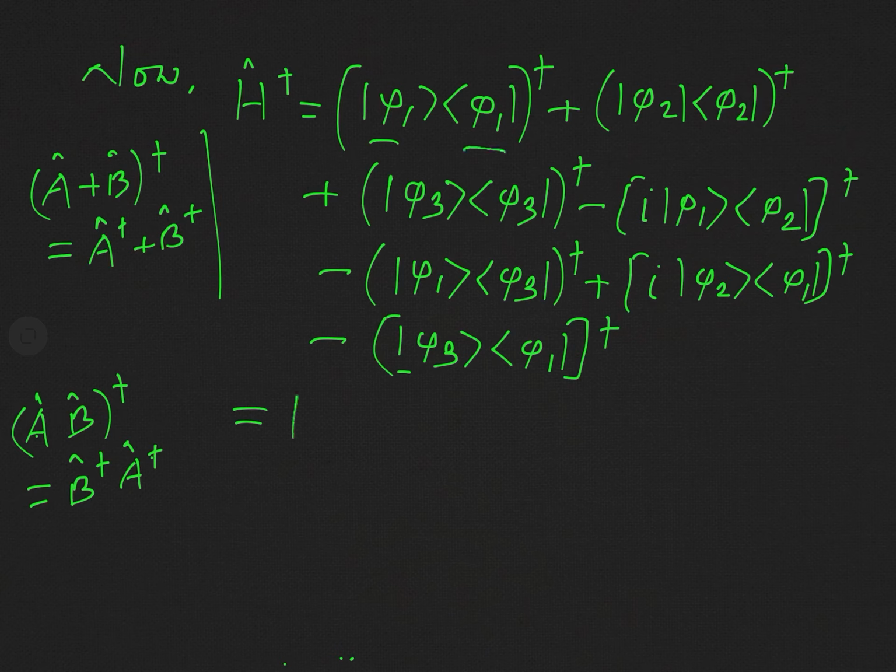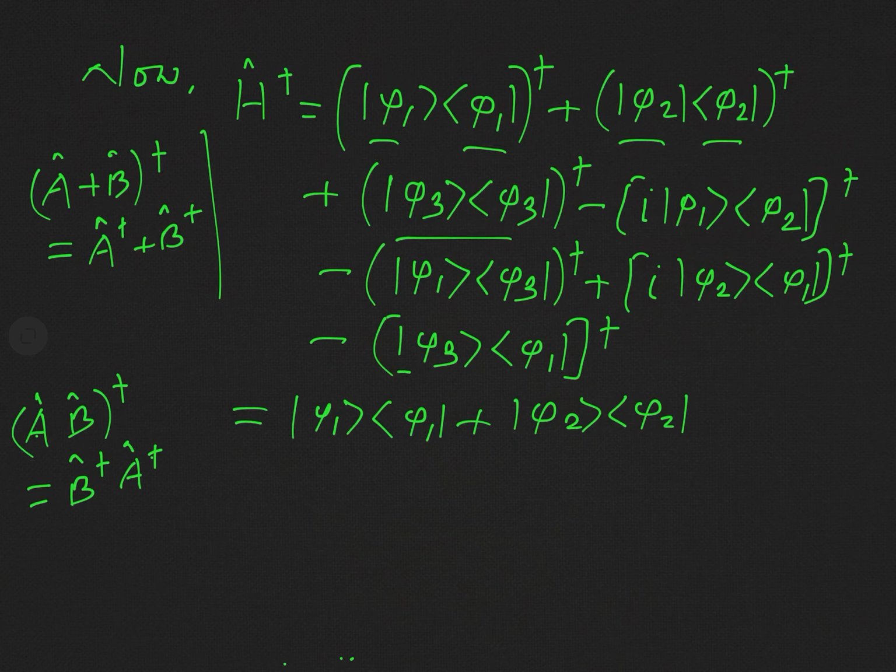So this will be Ket phi 1 Bra phi 1. Plus, this is also like the first term, so this will be Ket phi 2 Bra phi 2.